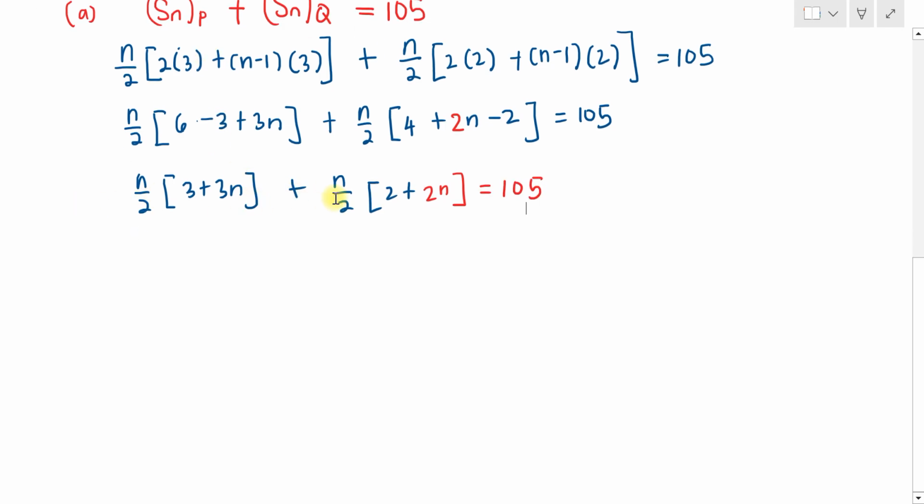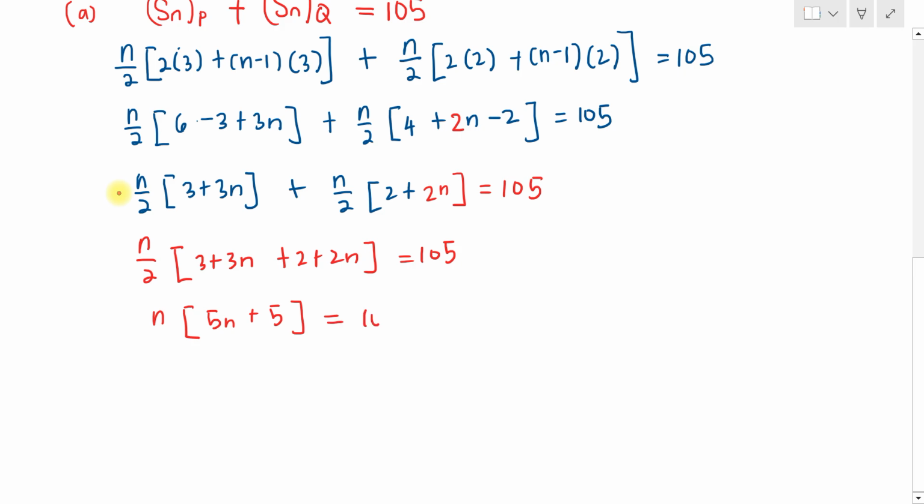If you notice, both terms here contain n over 2, right? So we can factorize: 3 plus 3n plus 2 plus 2n equals 105. Now you can move the 2 there, and by solving the terms inside the bracket, 5n plus 5 equals 105. Remember, these two move here.